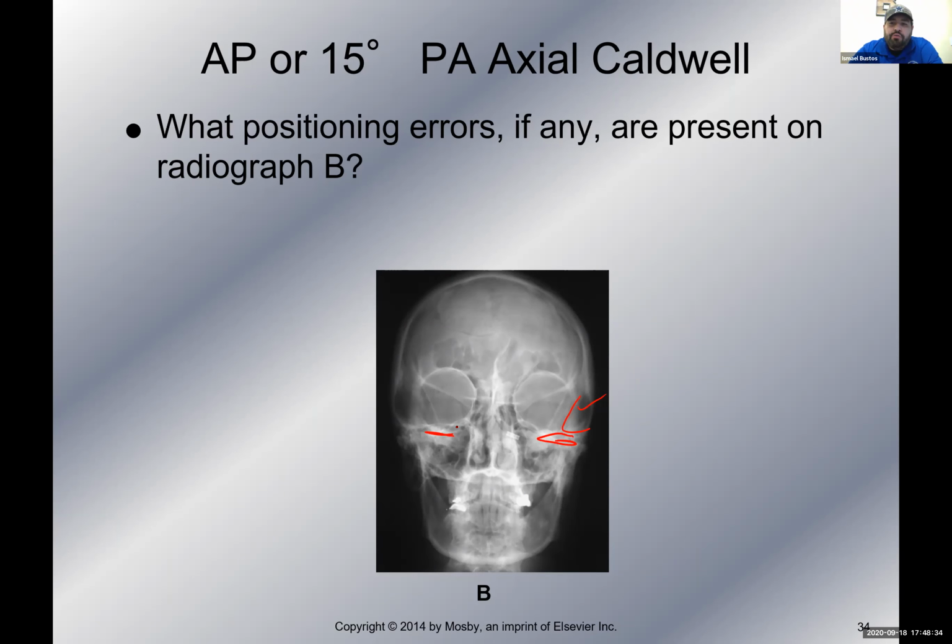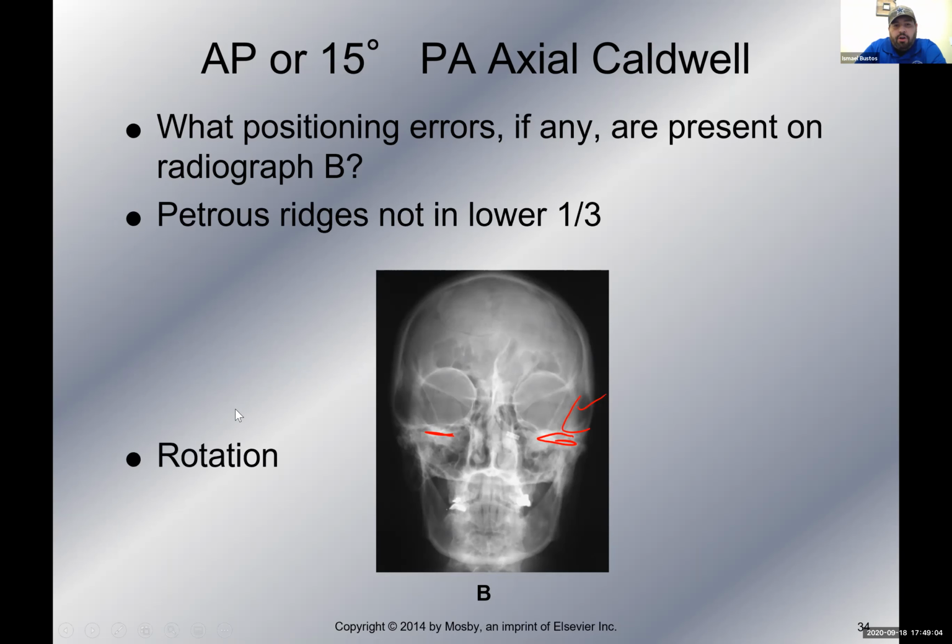What's going to cause those ridges to go lower in the orbit? Remember, they're supposed to be here. So how can I get them to go lower? If I have excessive extension, they go lower. And if it's excessive extension, partner that with excessive angle. So too much angle or too much extension. All right, so Petrous ridge is not in the lower 1/3.